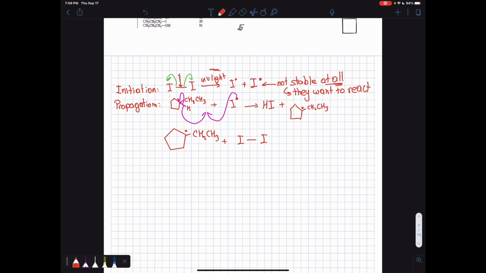However, it's going to react with the I2, forming this thing. And now the cyclopentane will have an iodine, CH2, CH3 with an iodine, and then you're going to have an iodine radical.